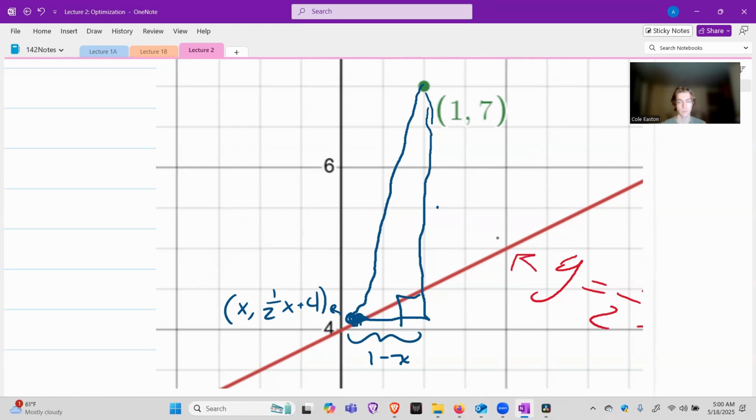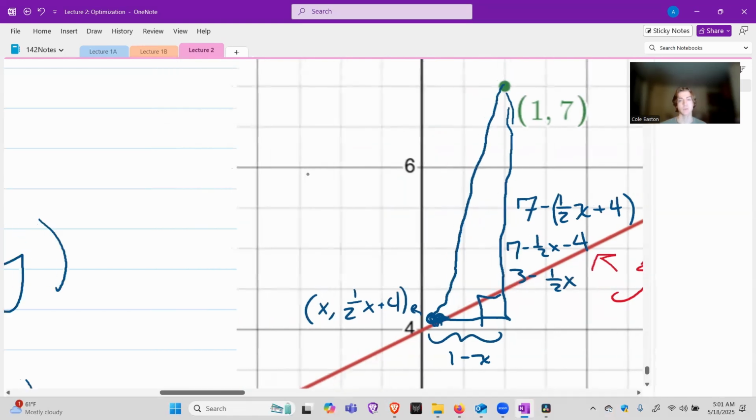So the height is going to be 7 minus (1/2 x plus 4) inside of parentheses like that. So that's 7 minus 1/2 x minus 4, which I can simplify into 3 minus 1/2 x.